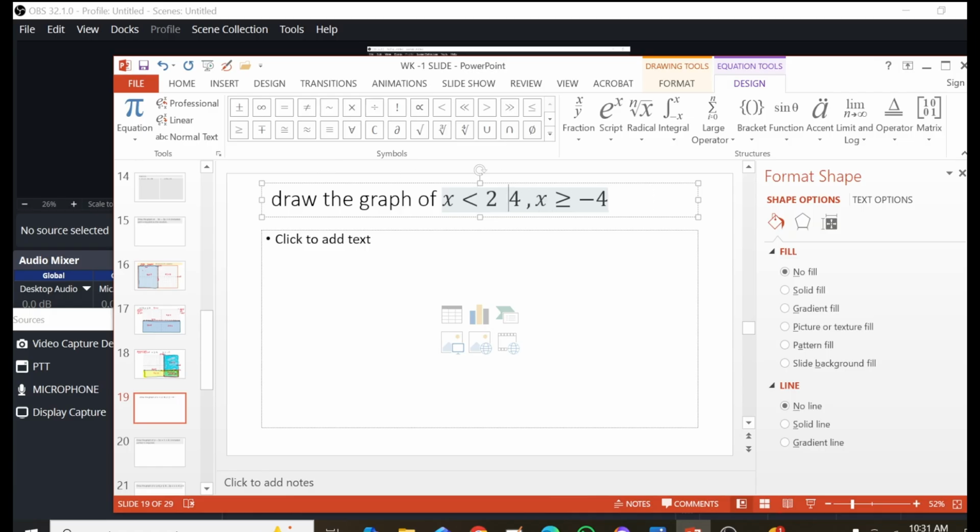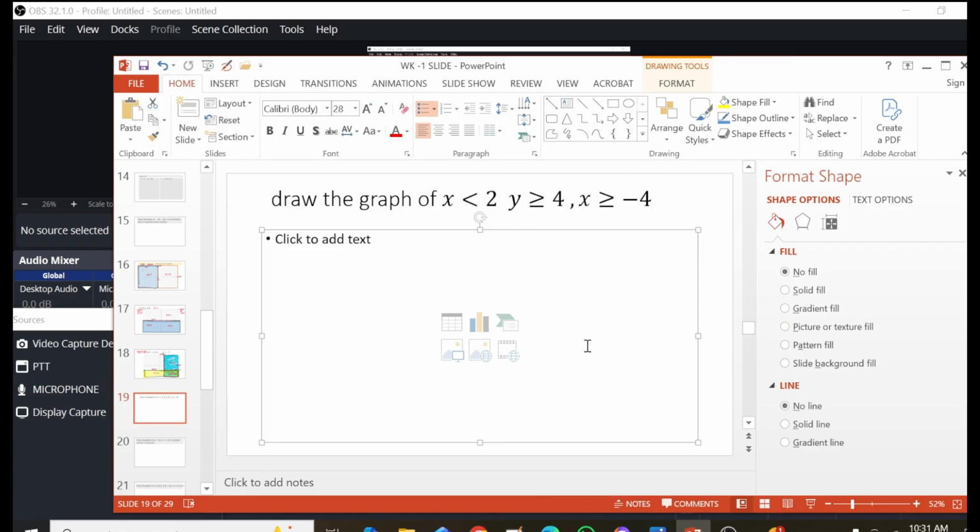Let me turn this one to y is greater than or equal to 4. All right, let's have this type of question and see which region will be the required solution.